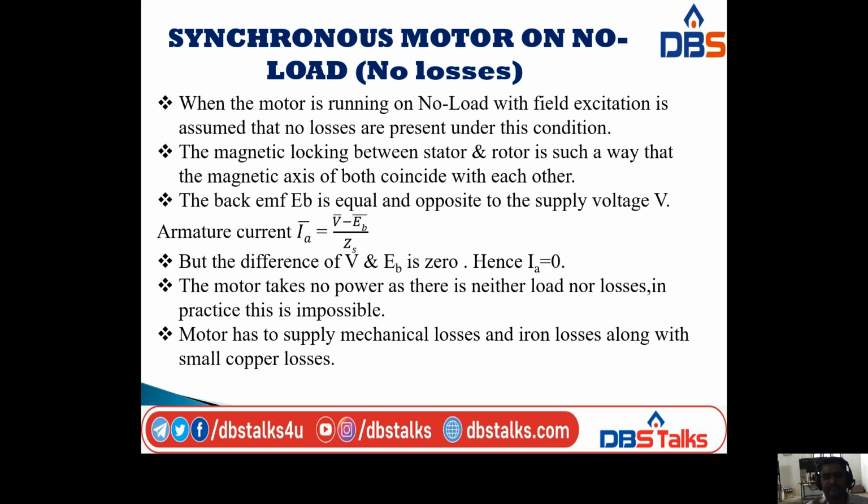But the difference of V and EB is 0 at this condition, hence IA is equal to 0, because 0 divided by ZS is 0. The armature current is also 0. At that time the motor takes no power, as there is neither load nor losses.